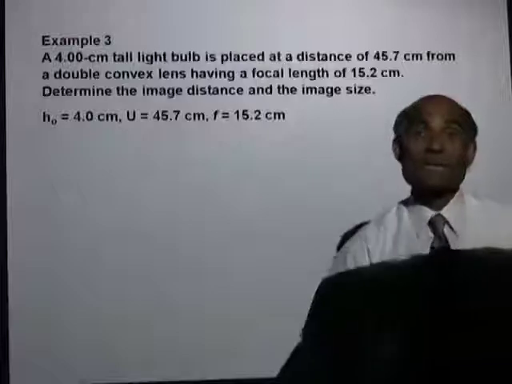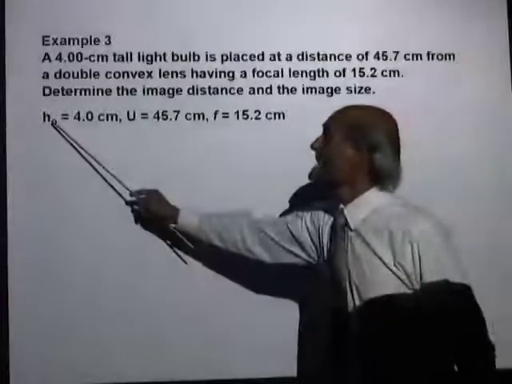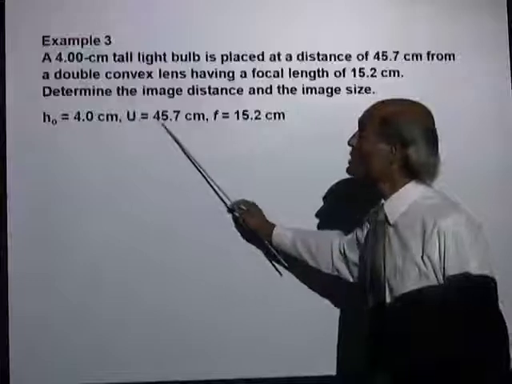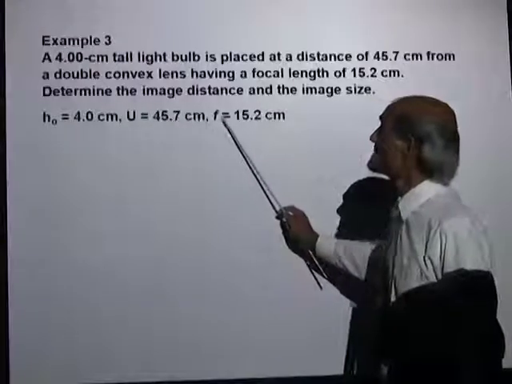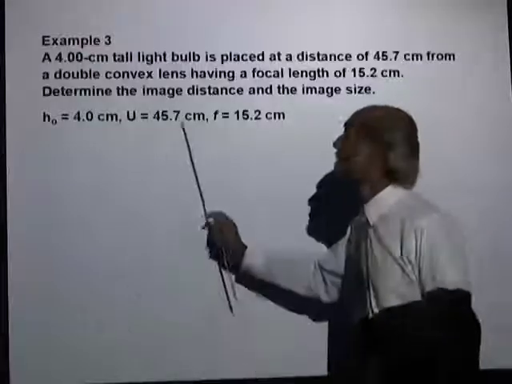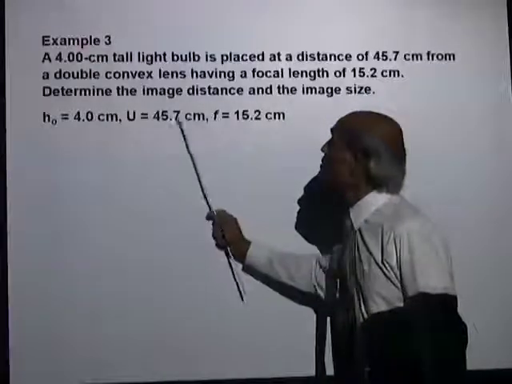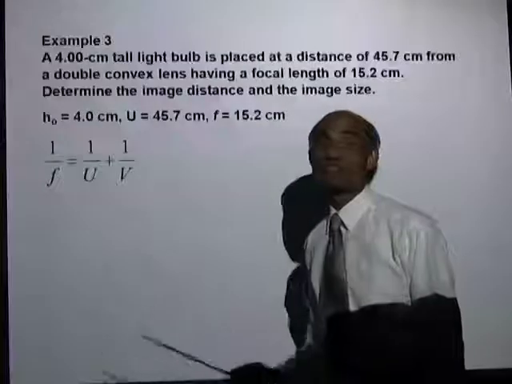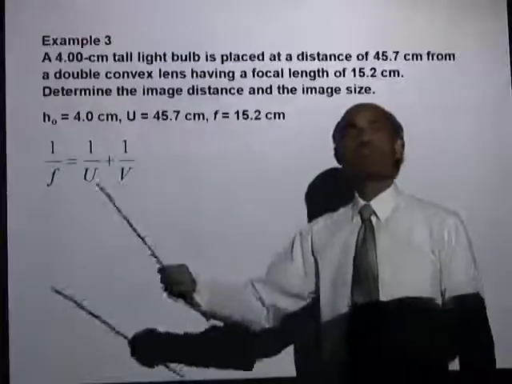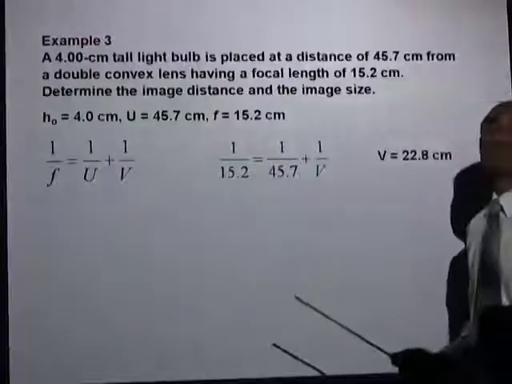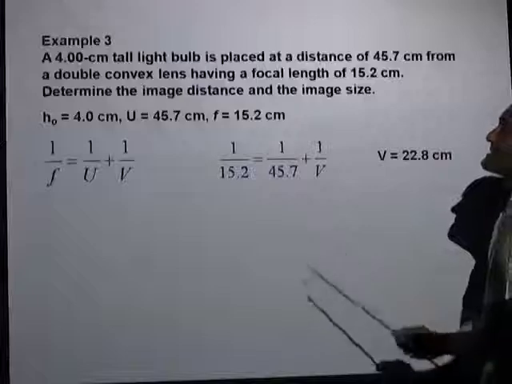Well, now picking the data we have, the height of the object is 4 centimeter, object distance is 45.7 centimeter, focal length is 15.2 centimeter. We can use these two quantities to find the image distance using the lens formula. And that will give you v equal to 22.8 centimeter.